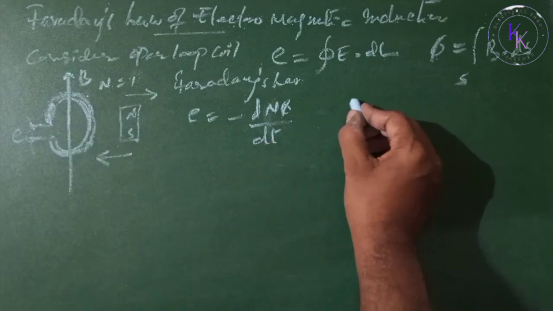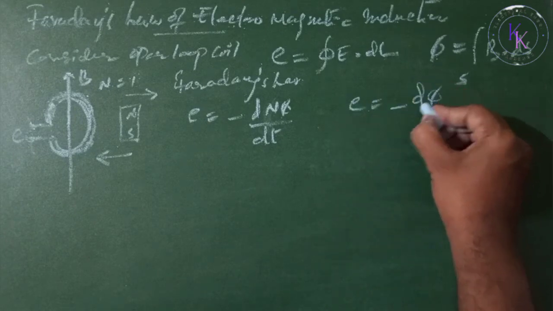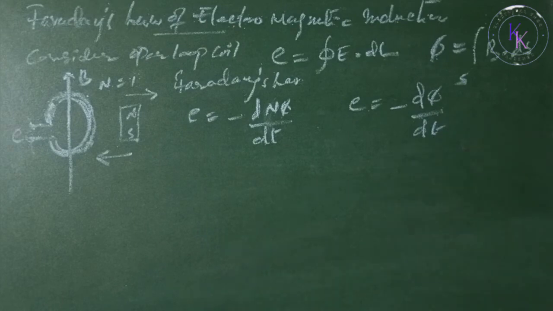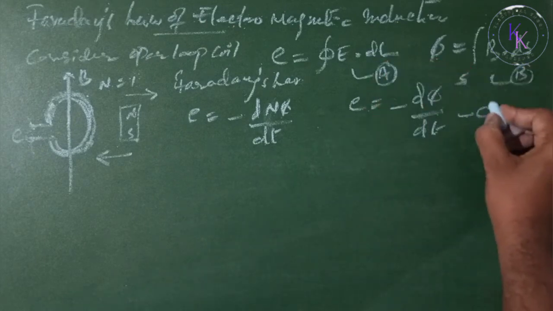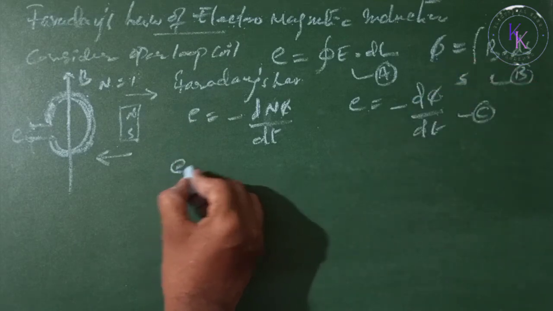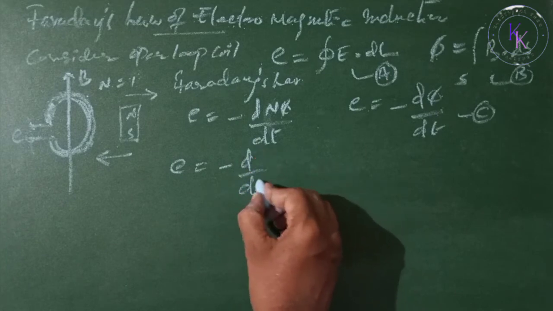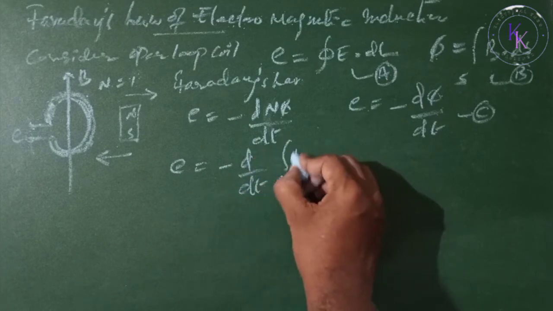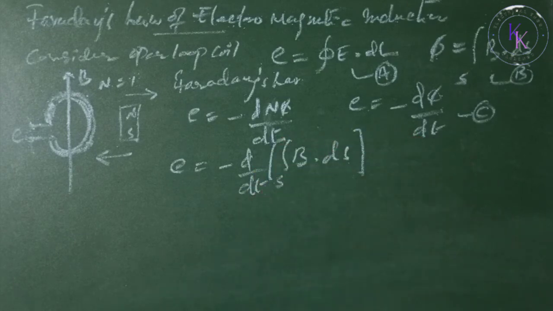For our case, E equals minus d phi by dt. Let these be A, B and C. Substitute the value of phi in this, then you get E equals minus d by dt of the surface integral of B dot ds, which is our phi. Let this be equation number 1.